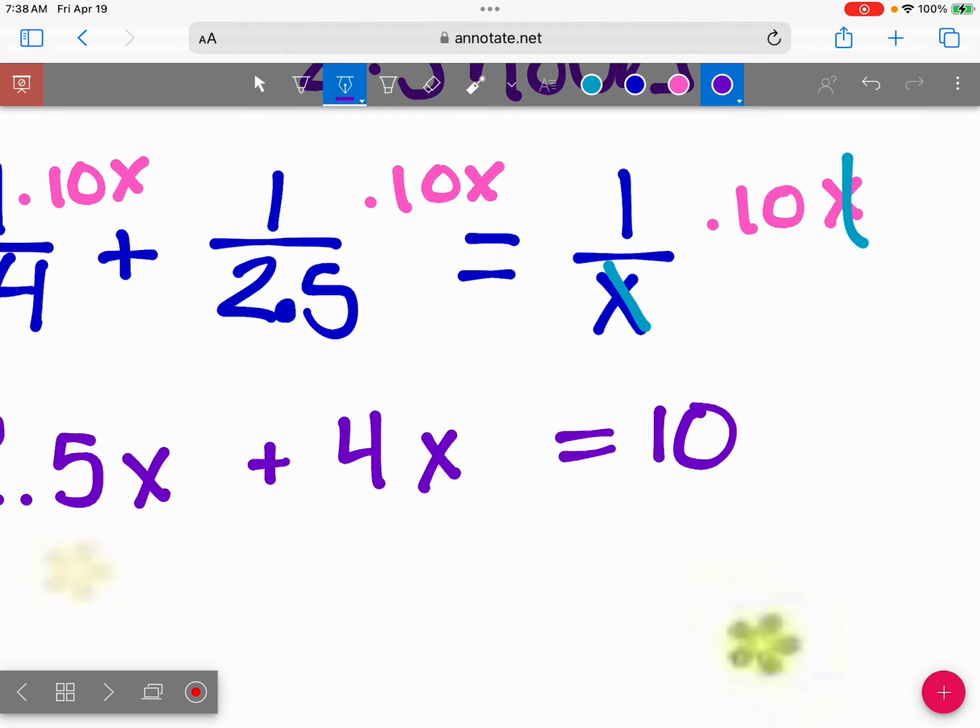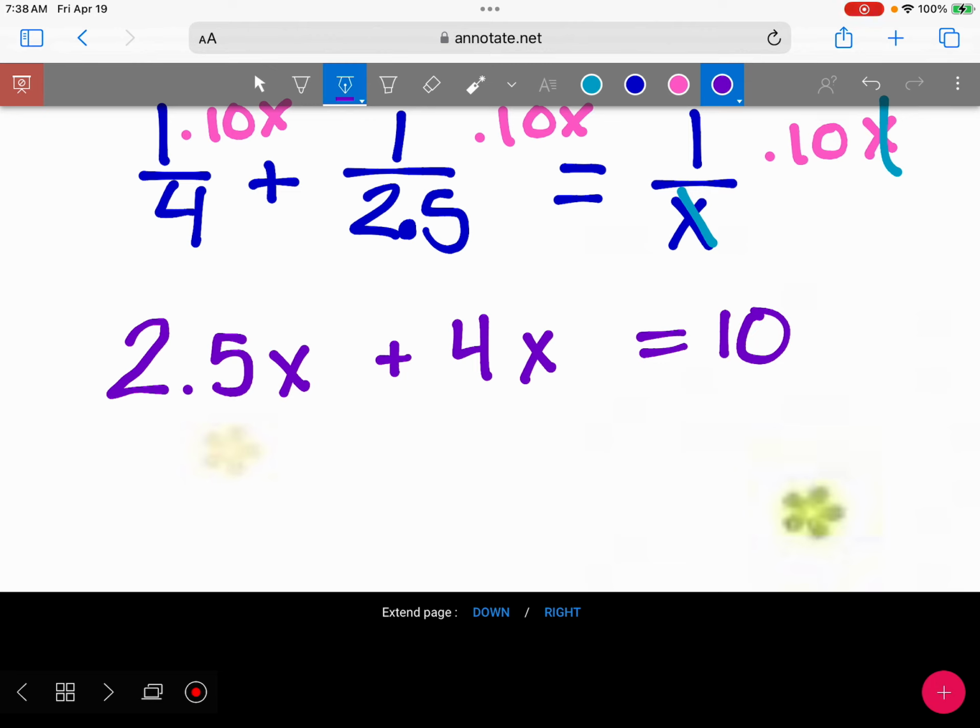Ten divided by 2.5 is 4. 10 divided by 4 is 2.5. Then we're going to add those together. So 2.5 plus 4x.